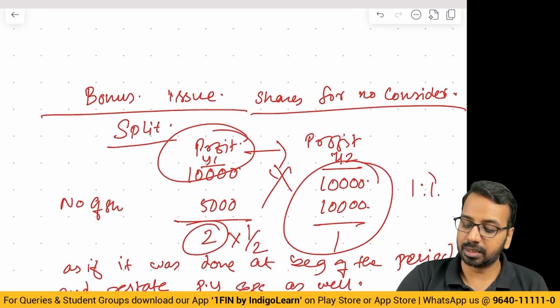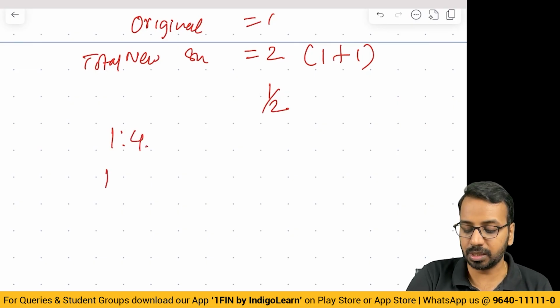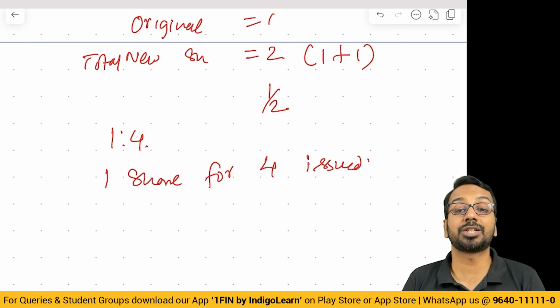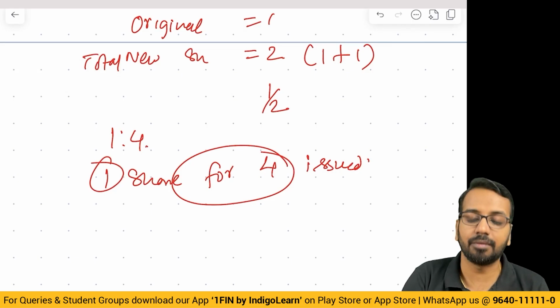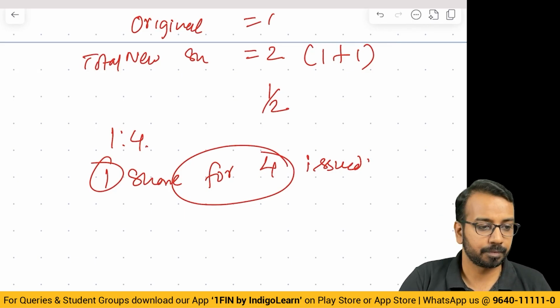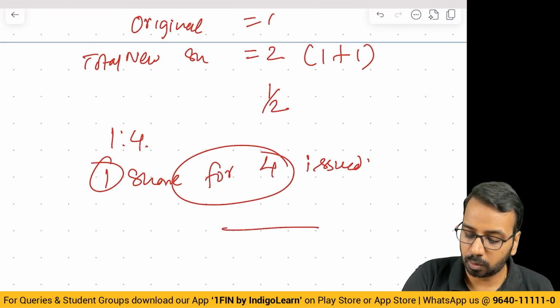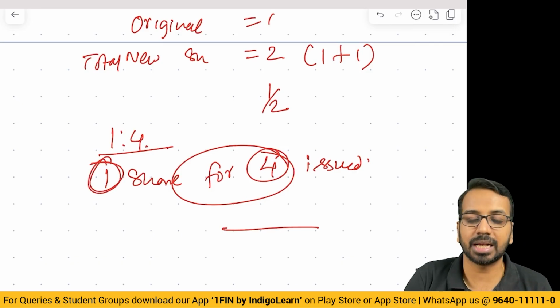Okay. This is 1:1. Sometimes it can be 1:4. 1:4 means 1 share for 4 held, that is, for every 4 shares I will give 1 more share. So then the multiplication factor will be: old shares are 4, new shares are 5.